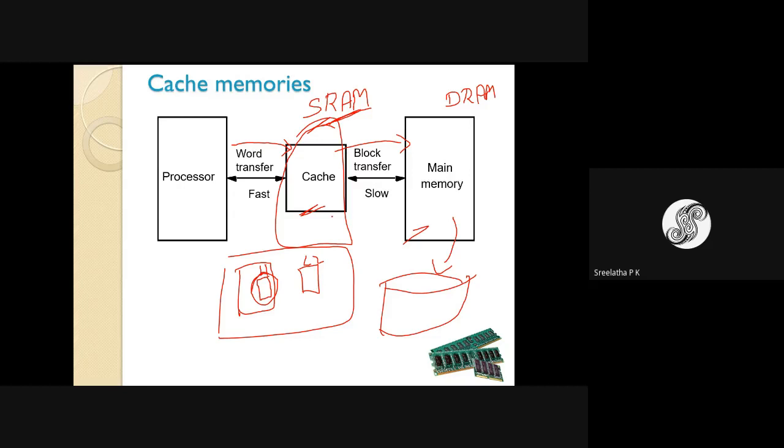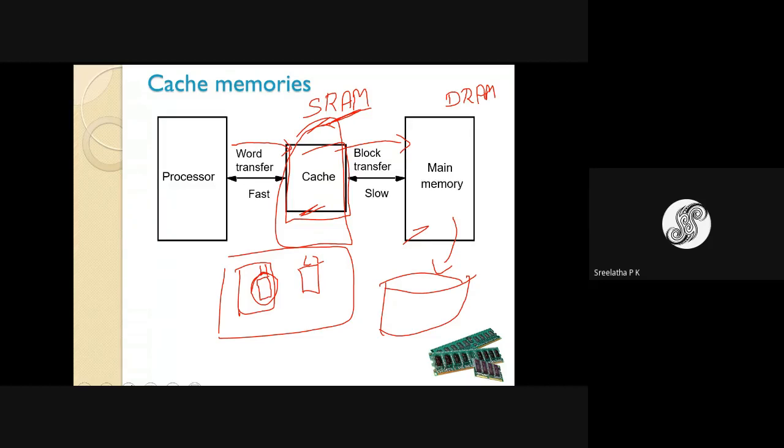So the cache memory used has less space, and that small amount of data which is repeatedly executed, those instructions can be stored in cache memory. There are two types of references.